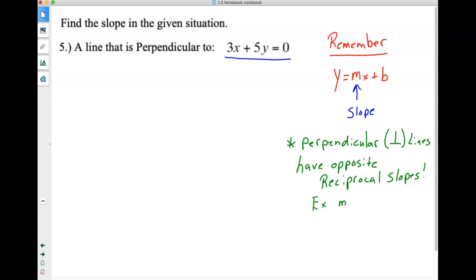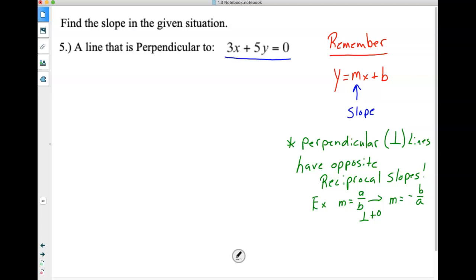If m equaled a over b, perpendicular to that, m would equal negative b over a. So I just change the sign and I flip it.